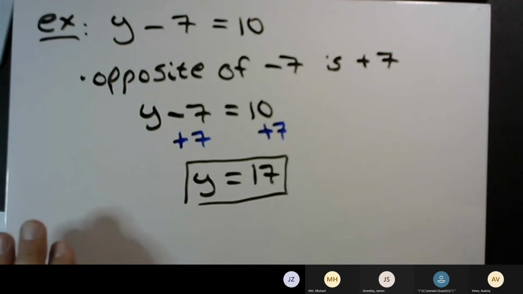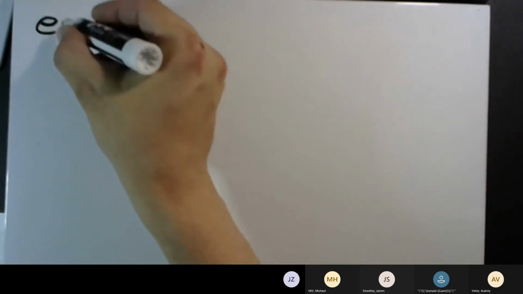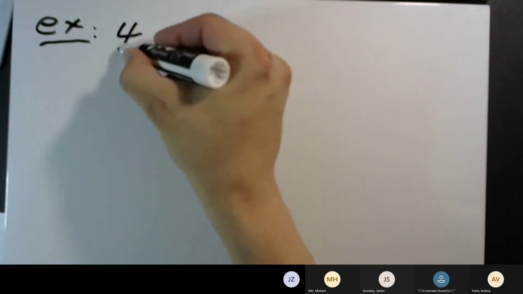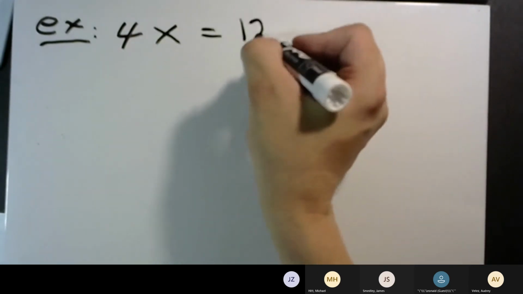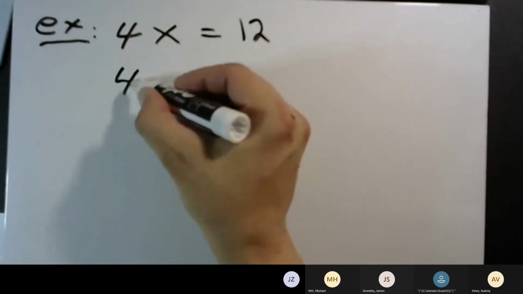All right. Let's take a look at another one. So let's say you got 4x equals 12. Now remember, there's a number in front of a variable.